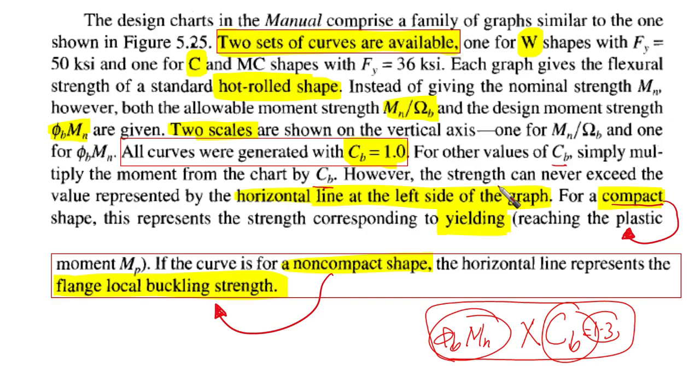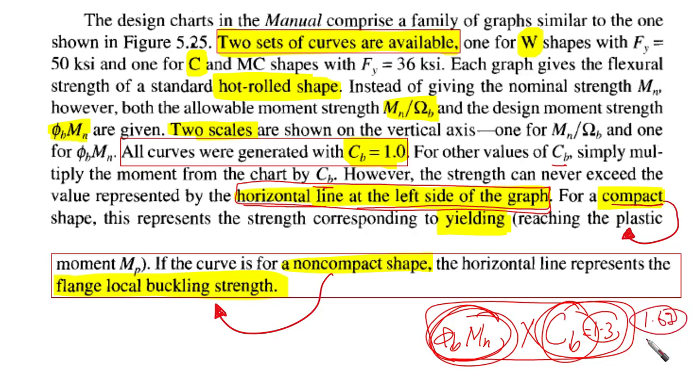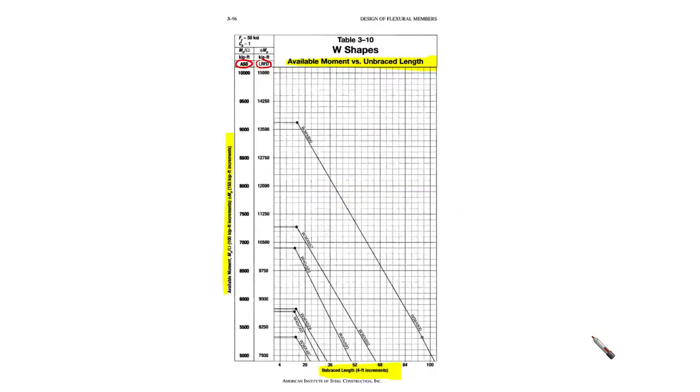However, the strength can never exceed the value presented by the horizontal line at the left side of the graph. This is an important issue. What is the meaning of this? Sometimes when you multiply your value by Cb, Cb is 1.67, for example. And when you multiply, you're going to find, let's see here.